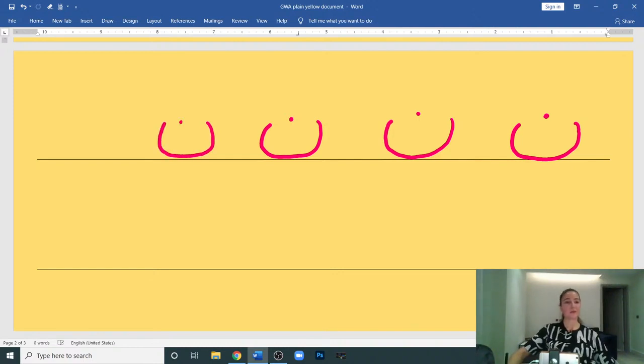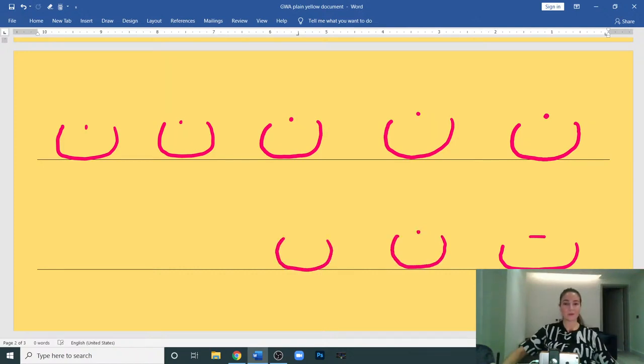So keep trying a few times. So you see the ta was more flat, like that, whereas the noon is more rounded. Again, let's try again. Noon. That's the name. This is when it's alone. Okay, keep trying with me.